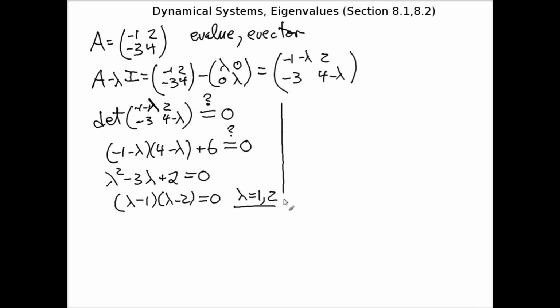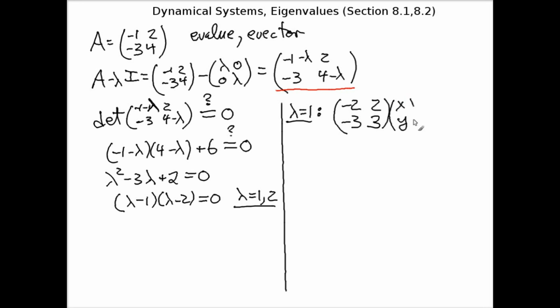And you go over here now, and let's say take lambda is equal to 1. Well, you take this matrix right here, and you plug in lambda is equal to 1, and you get minus 1 minus 1 is minus 2, and 4 minus 1 is 3. And to find the corresponding eigenvectors, I'm trying to solve this is equal to 0. I want to solve this for x and y.